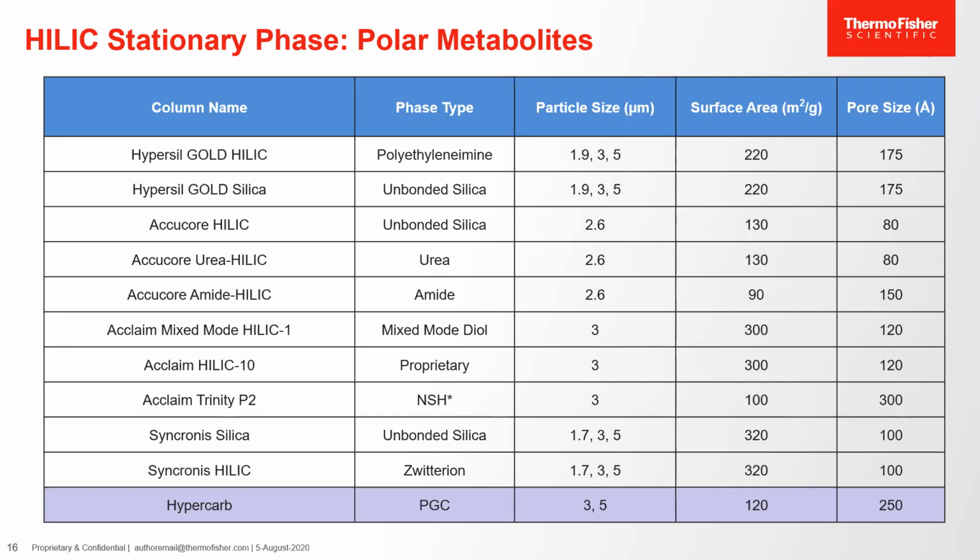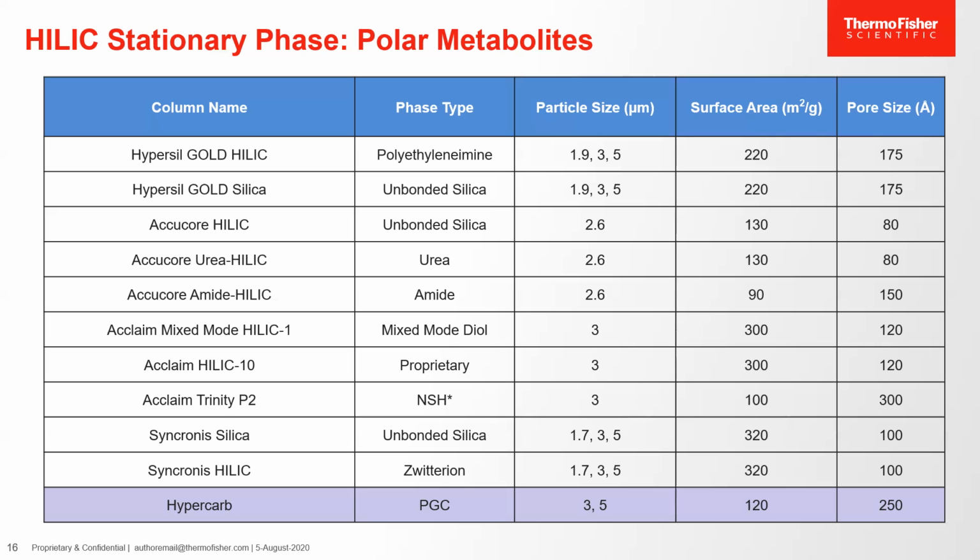It depends on what you're using it for again. Remember, we talked about the AccuCore having its own specialty columns, as well as the Acclaim having its specialty columns. The Syncronis silica and the Syncronis HILIC are there. We call those our legacy columns. They are still an option, but are slowly being faded out.